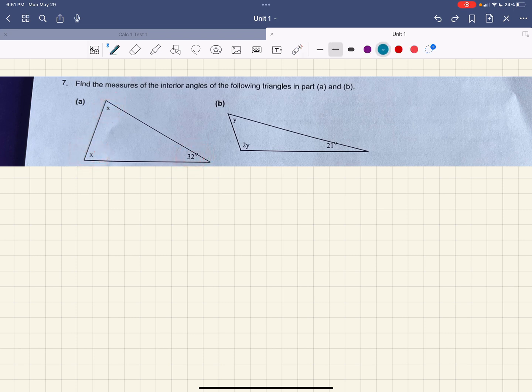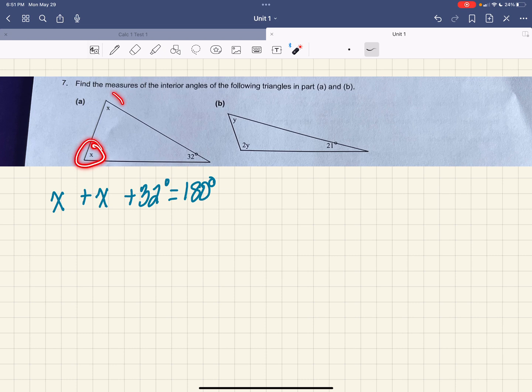If I am to add x plus x plus 32 degrees, then those three angles add up to 180 degrees. So I'm just taking this angle plus this angle plus this angle, and all three of them together equal 180 degrees.